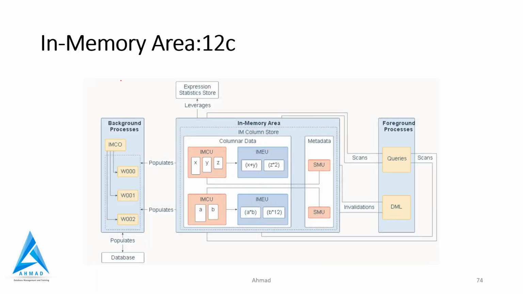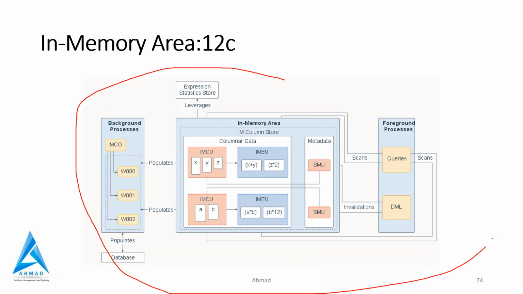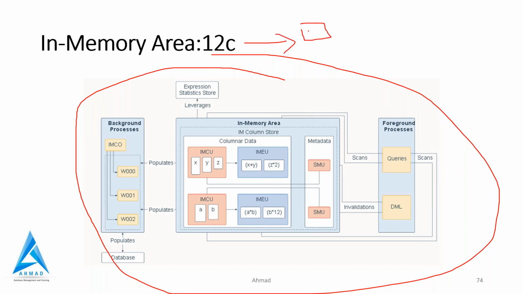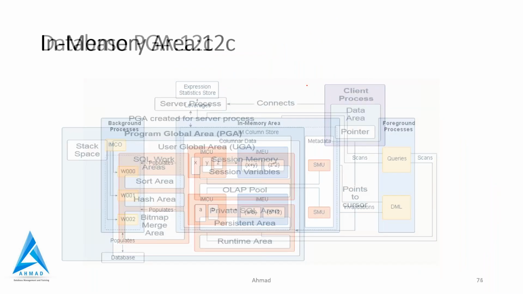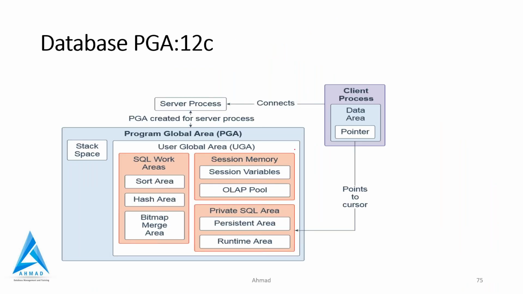And this is the in-memory area, and when you enable in-memory, these components come into the picture. This is separate, and I am trying to take it in a separate webinar. PGA component.